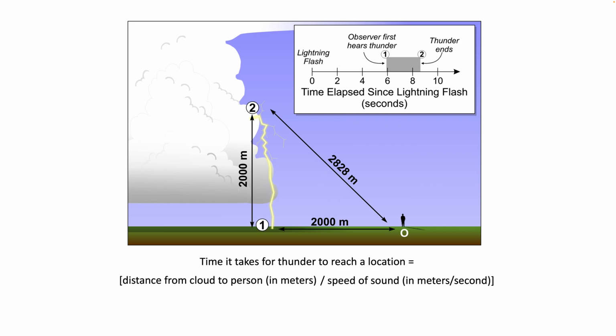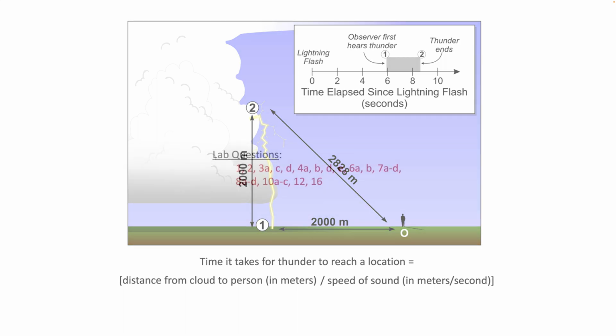So while light is moving at 186,000 miles per second, sound is only moving about a mile every 5 seconds. And so the further you are away from a lightning strike, the longer it's going to take for the thunder to actually reach you and for you to hear. So that's why there's this difference between seeing the lightning and hearing the thunder.